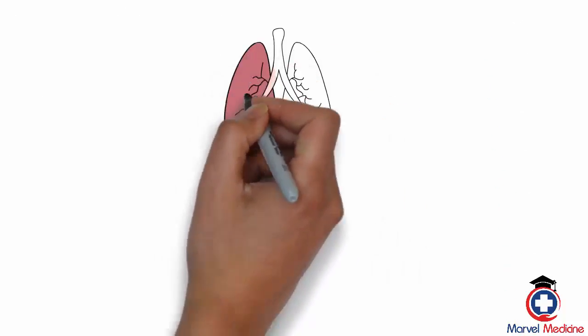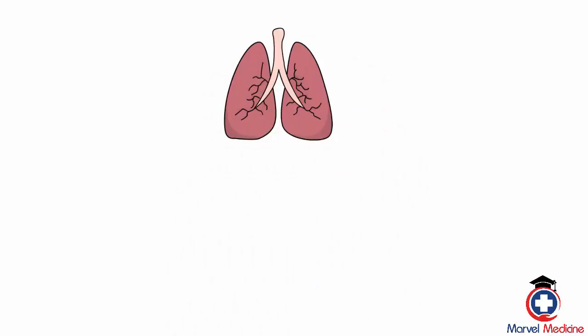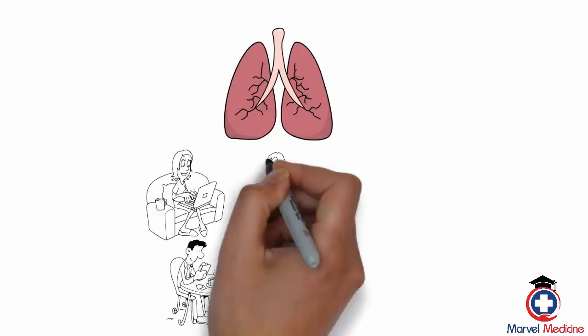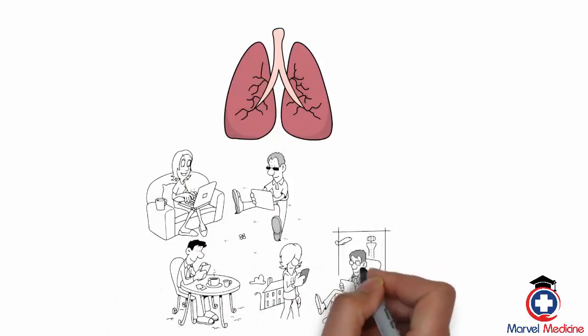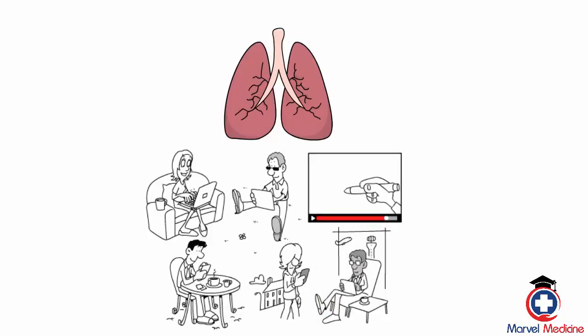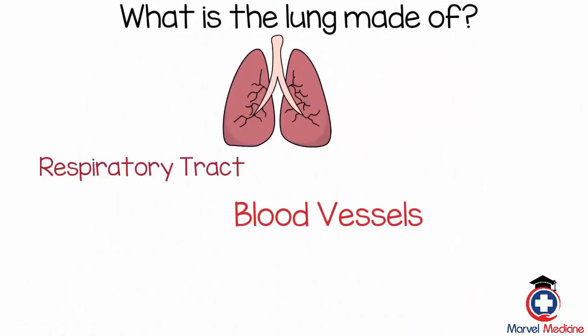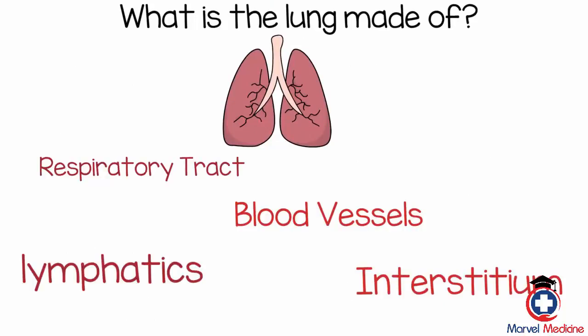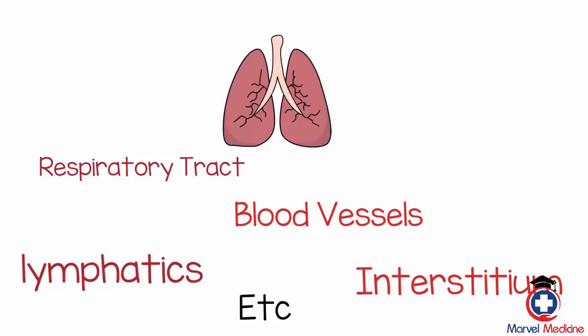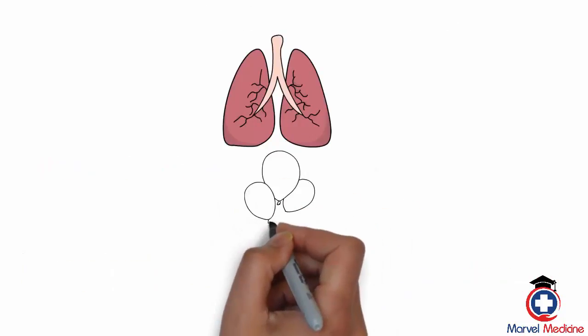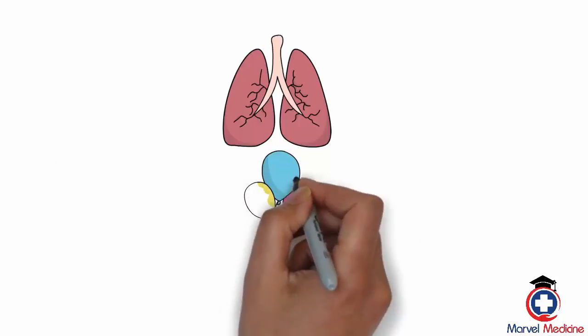Everybody knows they have lungs, and if you go to an anatomy lab sometime or watch a lung surgery on YouTube, just look at what it looks like. What is the lung made of? Well, there's a respiratory tract, blood vessels, interstitium, lymphatics, and so on, right? I want you to think of the lungs like big spongy balloons.